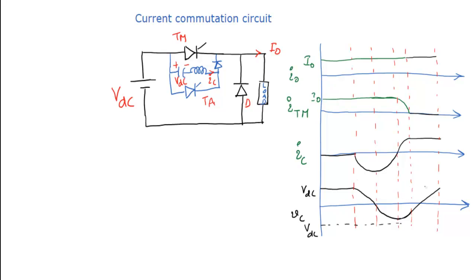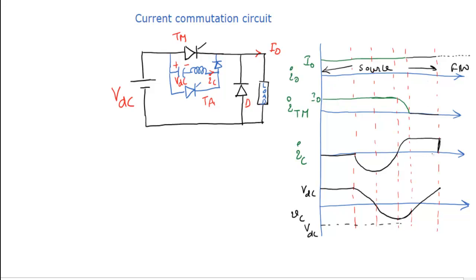Once the capacitor voltage reaches VDC again, the load will be disconnected from the source. In that case, the capacitor current comes to 0, and the load current remains at I0, but from this time onwards it will be freewheeling. So up to here it is supplied by the source, and from this point onwards it is freewheeling.